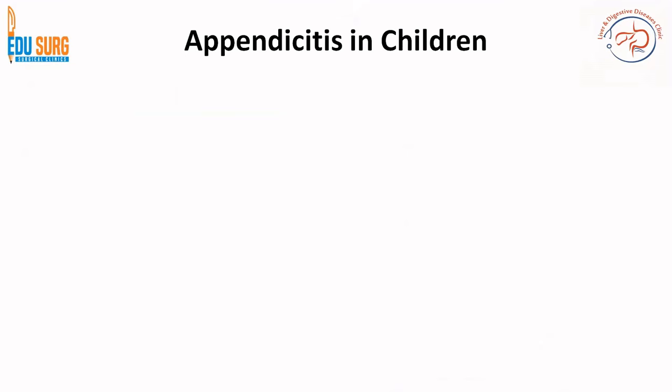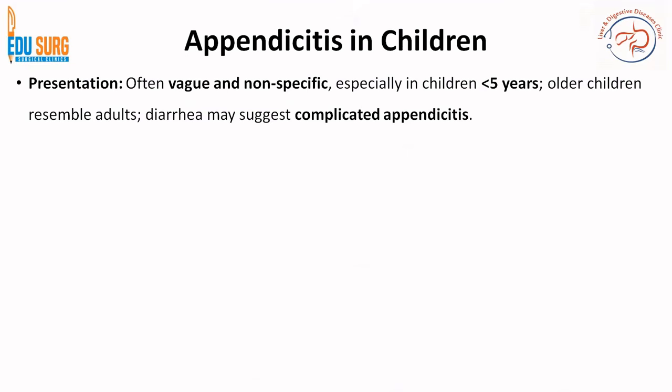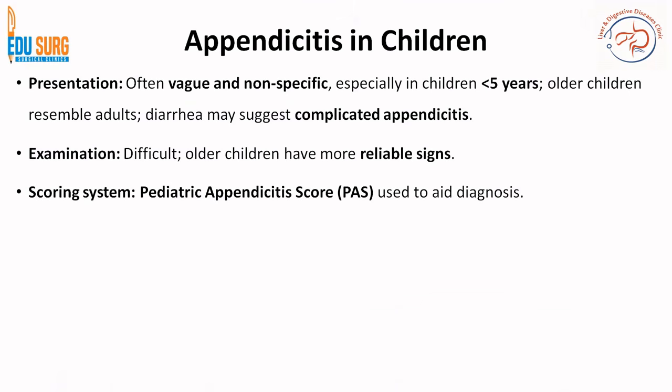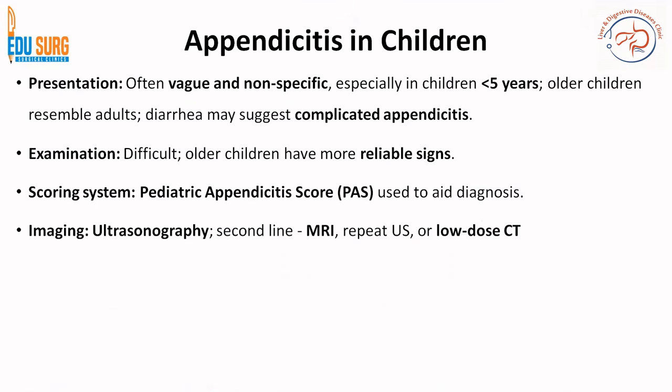Now coming to the special category, appendicitis in children, we have already discussed the presentation is often vague. Diarrhea in children can also suggest appendicitis. Examination is difficult. Like I had told before, there is a pediatric appendicitis score which you can use for diagnosis. Ultrasound is the first imaging test that you should do.